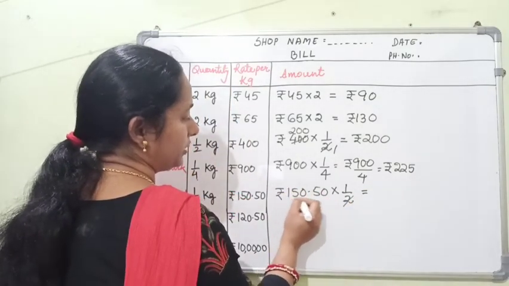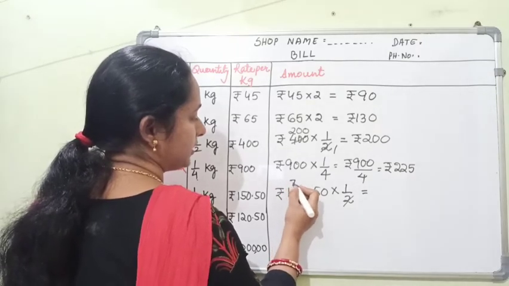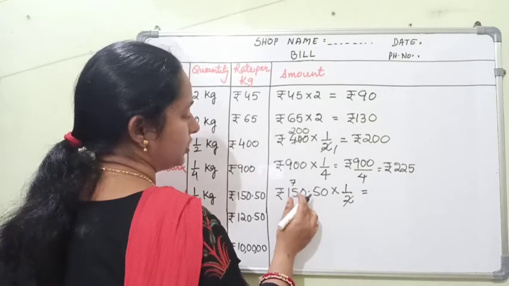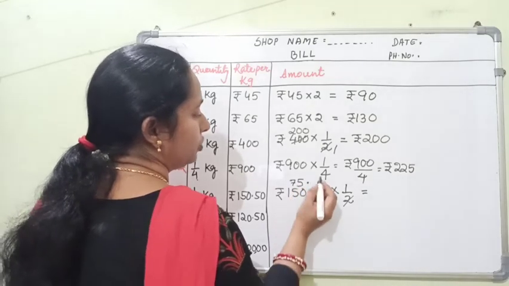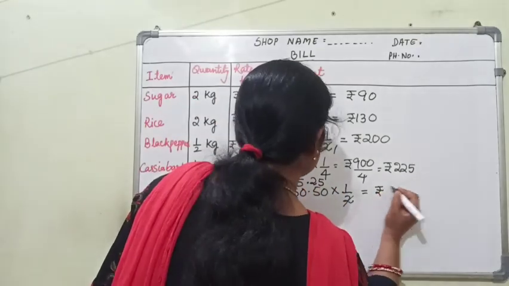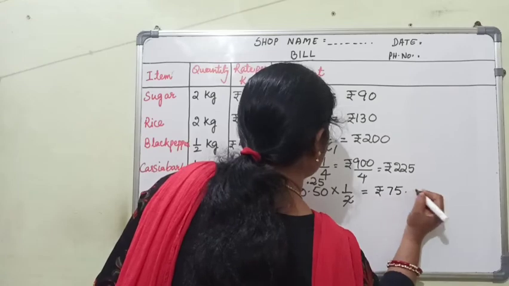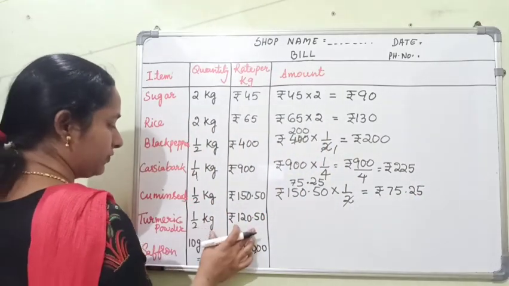Okay, 2 how many times will go for this? 2 7s are 14, 1 remainder, 10, 2 5s are 10. Here there is a point. Now 2 2s are 4 and 2 5s are 10. So you get rupees 75.25 paise.